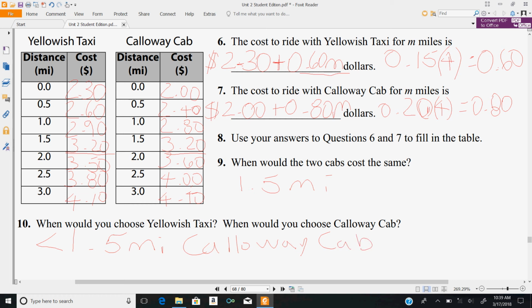It's a little bit more specific. It's not only a short distance. We know how short a distance. And if you're going greater than 1.5 miles, you would use Yellowish Taxi.